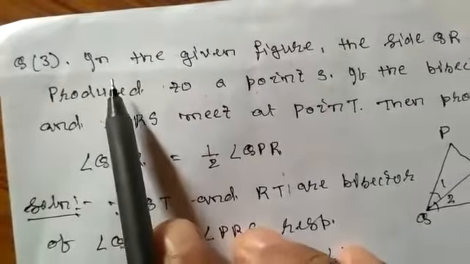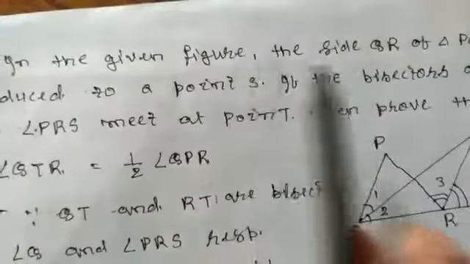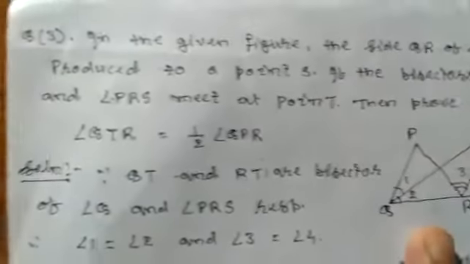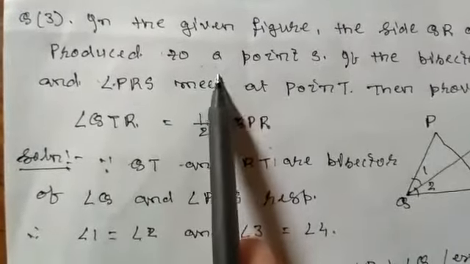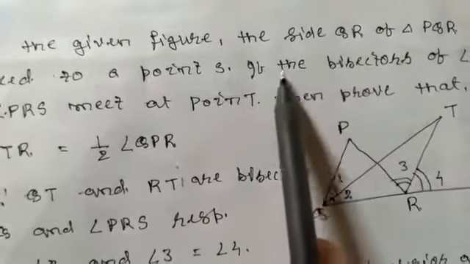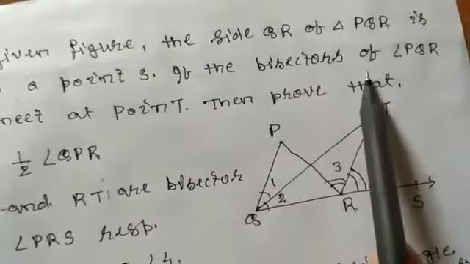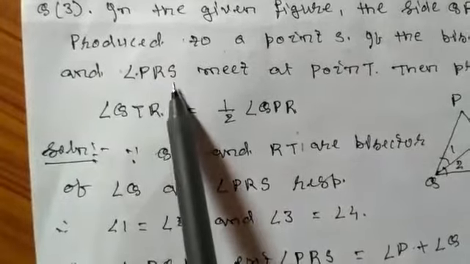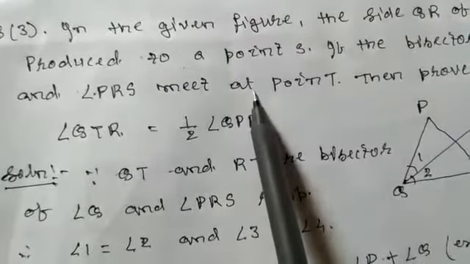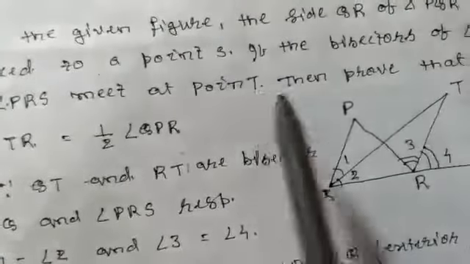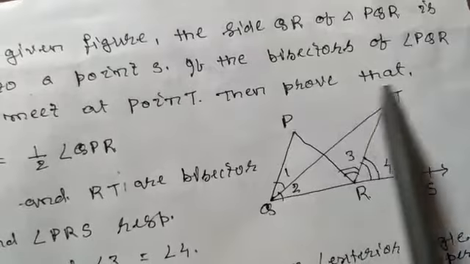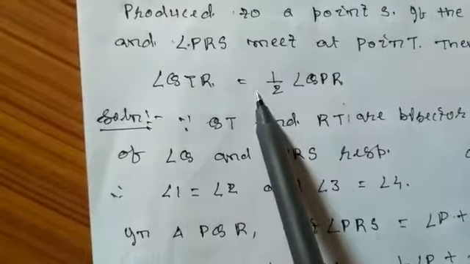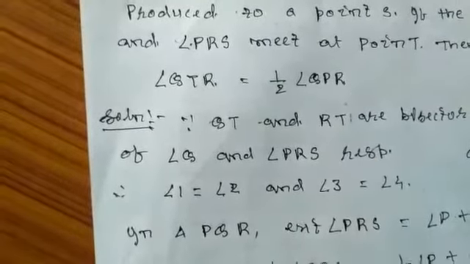The question is, in the given figure, the side QR of triangle PQR is produced to a point S. If the bisectors of angle PQR and angle PRS meet at point T, then prove that angle QTR is equal to half of angle QPR.